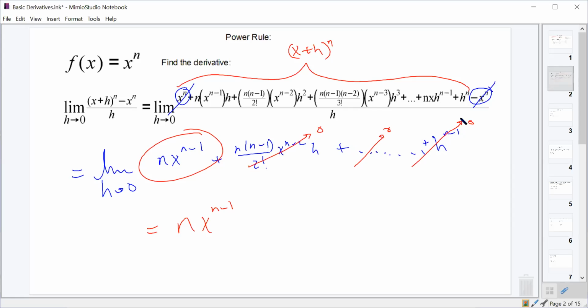And all we're left with is that the derivative of x to the n is n times x to the n minus 1. This is called the power rule. It's the power rule because it's for x to a power, but it's also very powerful.